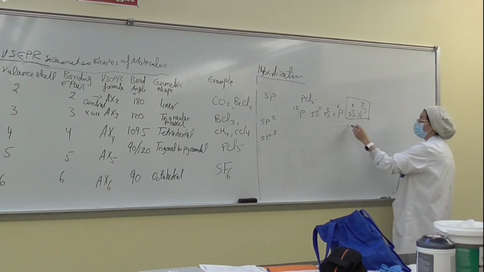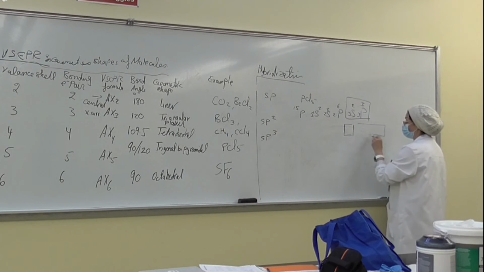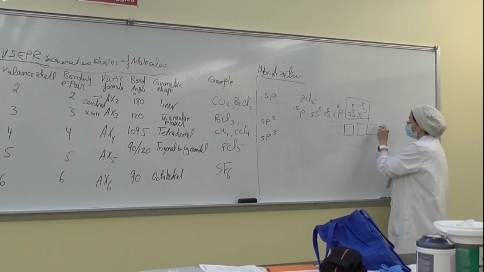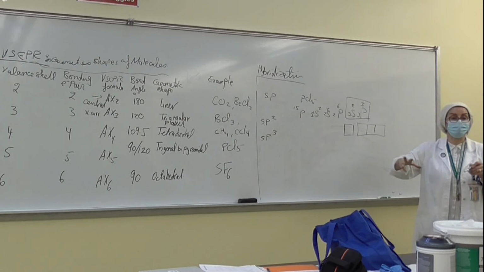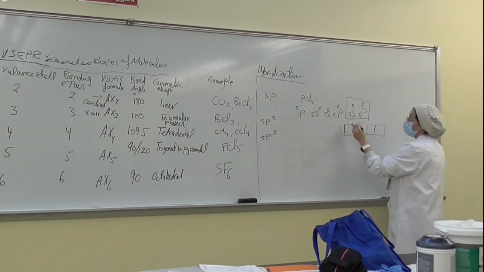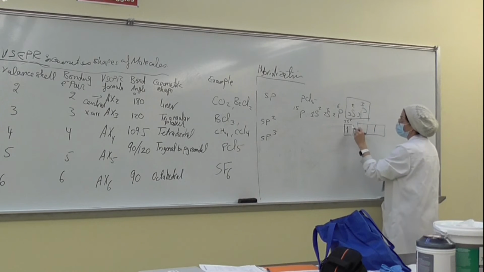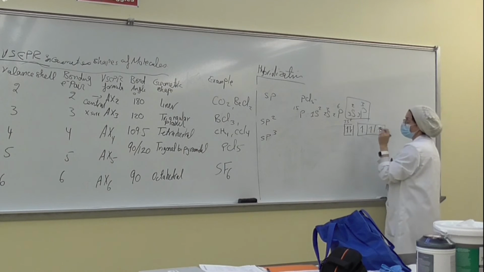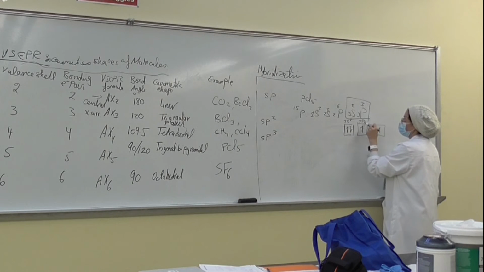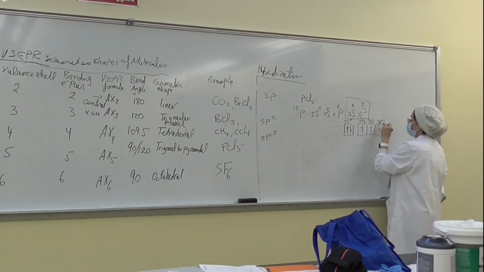But look at the way that they were distributed or organized. In the regular state, when phosphorus is by itself, before combining with another element, we have 3s2 electrons, and I have 3 single electrons in the phosphorus: 3px, 3py, 3pz.